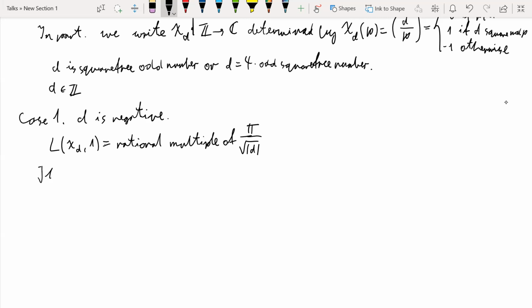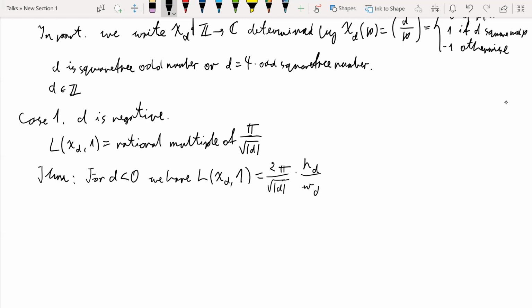So let me write this as a theorem. For D less than 0, we have L of chi D at 1 is equal to 2 pi divided by square root of |D| times h of D divided by w of D.